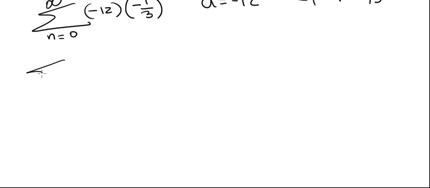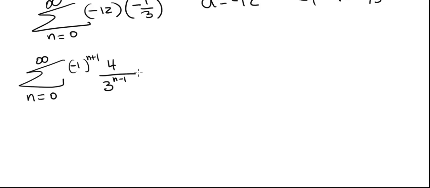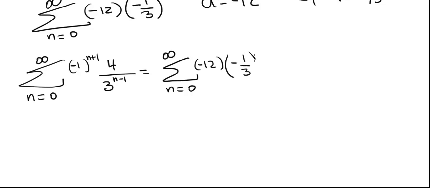So we can now summarize the series we started with, which is the sum from 0 to infinity of (-1)^(n+1) times 4 over 3^(n-1), can be rewritten and put in the standard form, which is the sum from 0 to infinity of -12 times (-1/3)^n, and it converges to a, that's -12, divided by 1 minus r, 1 minus (-1/3).